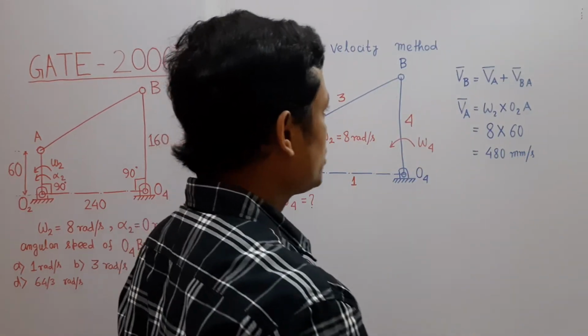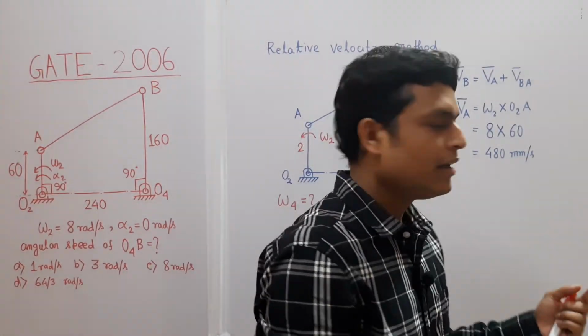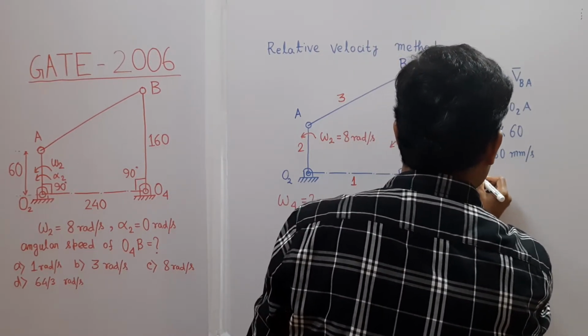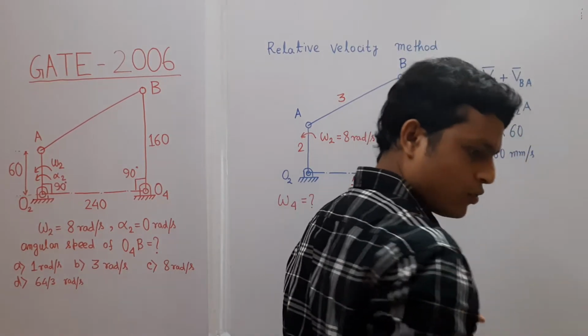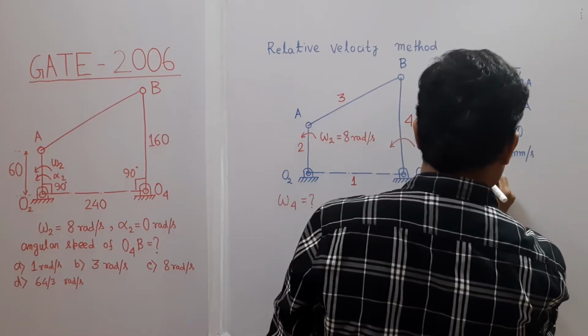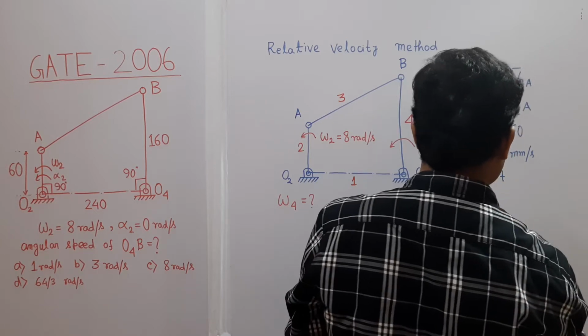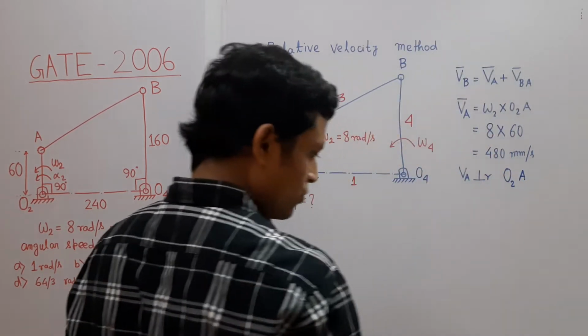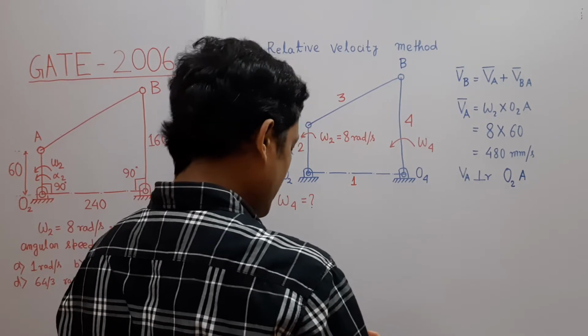And what is the direction of Va? Va is perpendicular to O2A. So let me show here the direction of Va.